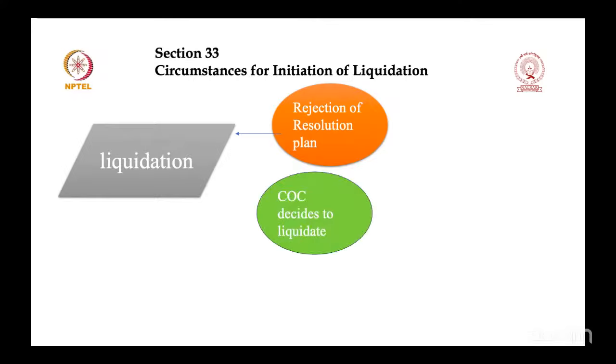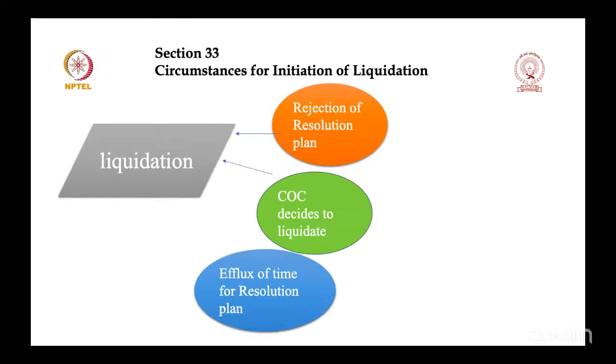Therefore, either the COC decides to take the corporate debtor for liquidation, or the plan submitted by the resolution applicant and the insolvency professional, called the resolution plan, is rejected by NCLT, and then the situation absolutely warrants liquidation.